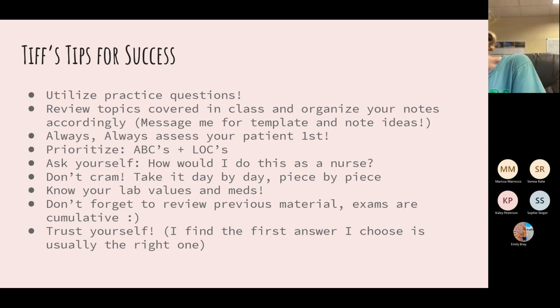When we're talking about assessing, delegating, and prioritizing, we're really going to use airway, breathing, circulation, and the level of consciousness. One of the first signs and symptoms that your patient is not adequately perfusing is altered mental status. So just keep that in mind.